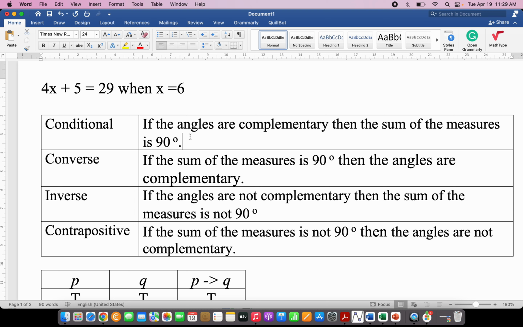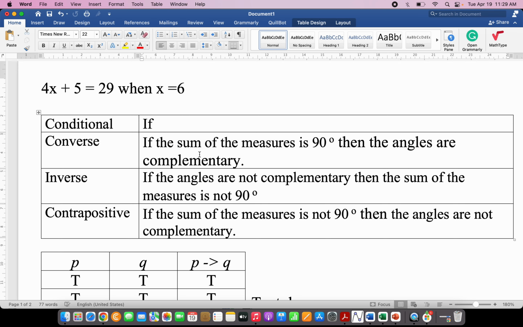So gagawin lang muna natin siya na if-then statement. So if 4x plus 5 equals 29, then x is equal to 6.